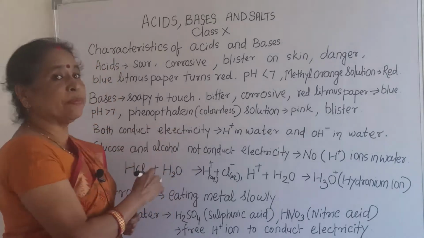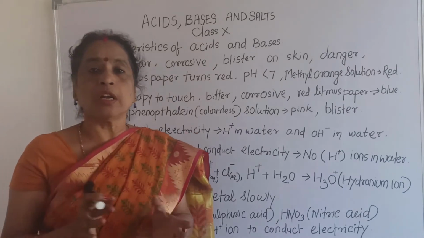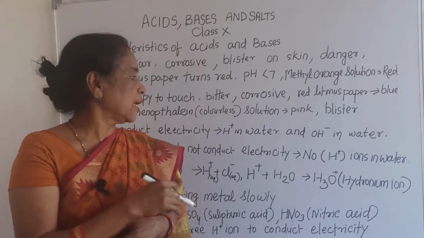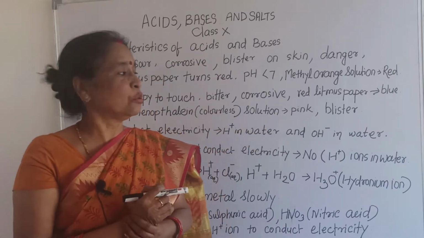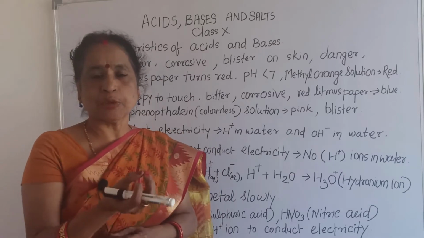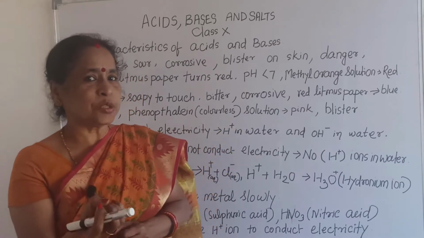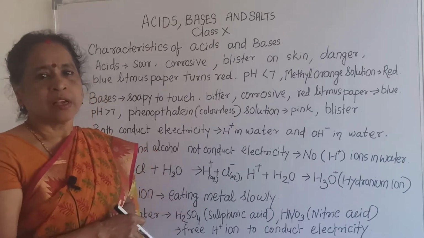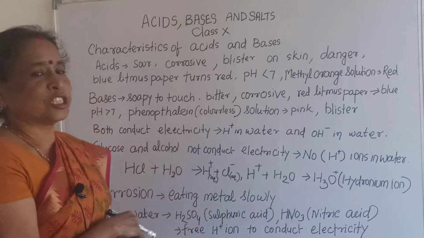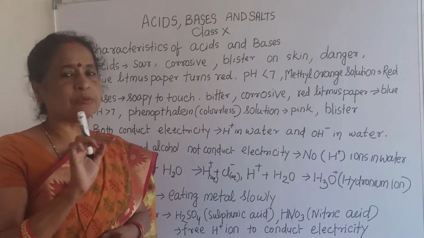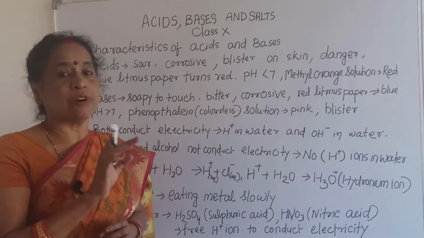Similarly, phenolphthalein solution, which is colorless, when you add it to a base in a test tube, the color changes to pink. So it is a very important test. You take phenolphthalein solution, add it to base, and you find the color totally changes to pink. But take the base in water, and acids in water.